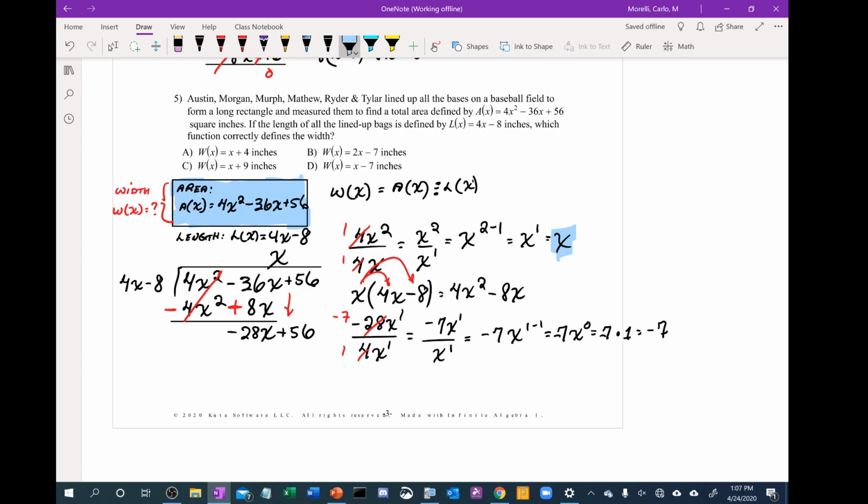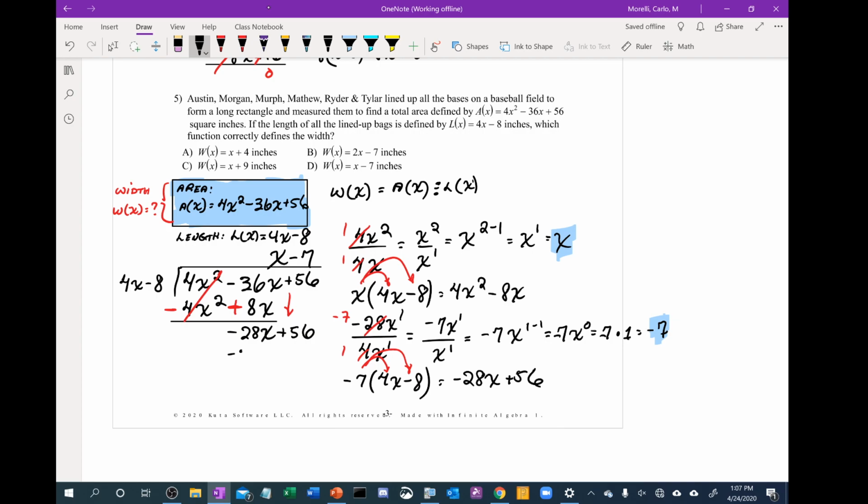That is a quotient term, the negative 7. So the negative 7 gets written up here, and then we multiply the negative 7 by the entire divisor. So you've got negative 7, open parentheses, 4x minus 8, close parentheses. Distribute that negative 7. So that's equal to negative 28x plus 56.